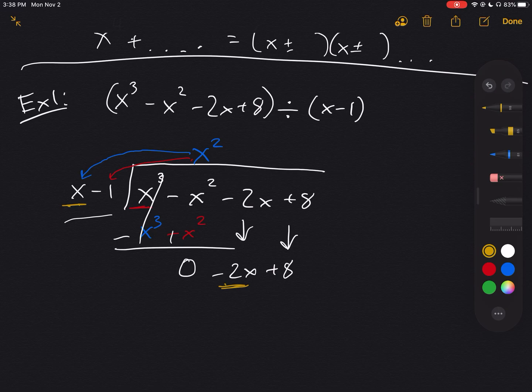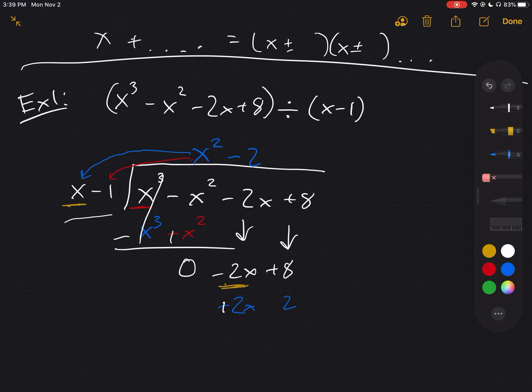Well, I have to multiply it by negative 2, right? So negative 2 times x is negative 2x, and negative 2 times negative 1 is positive 2, right? But then I have to change the sign on both of them, right? Because I want to subtract both terms, so that becomes a positive.